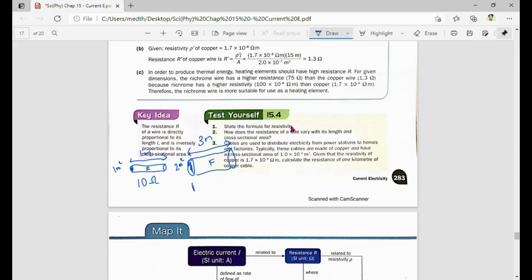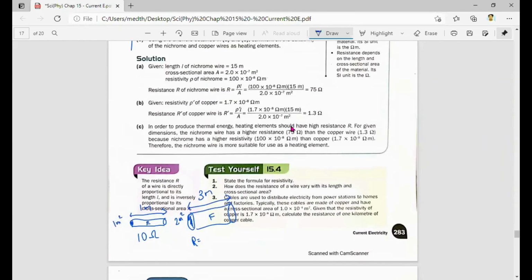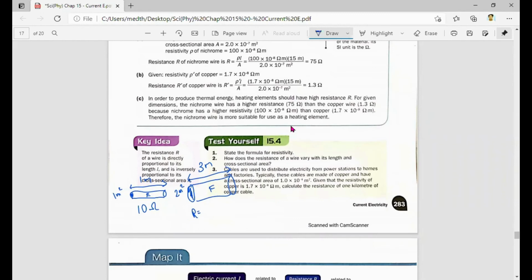I want you to find for me what's the resistance of F over here. So how exactly to find? Key idea here, go by proportion. I know some of you say, just use the formula. Okay, you can use the formula to find resistivity and then from there substitute the value in, that is possible. But there's also a simple way of doing it, which is by proportion. So we take the value of 10 here.